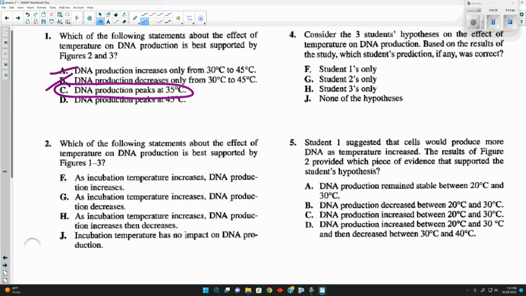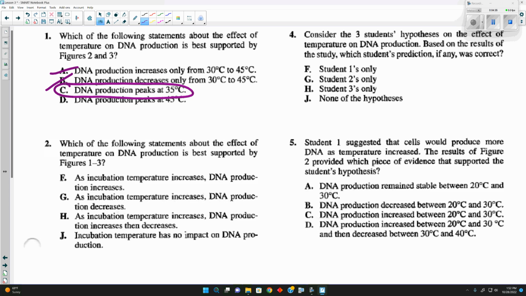So go on and try to see if you can figure this one out. So, 1 through 3. Okay.